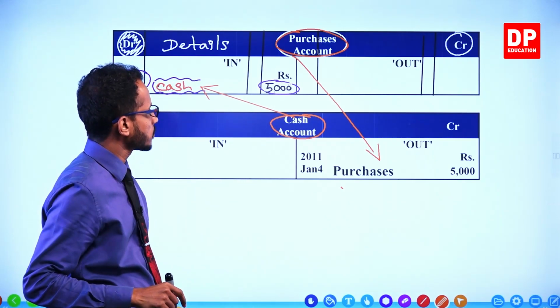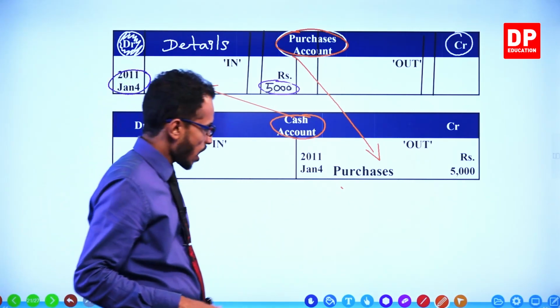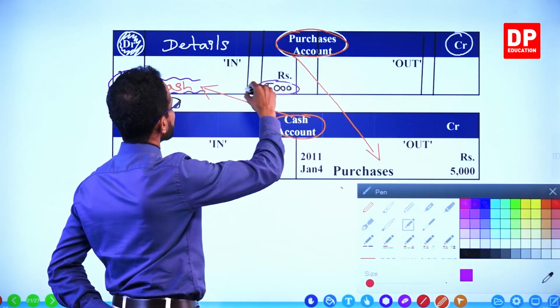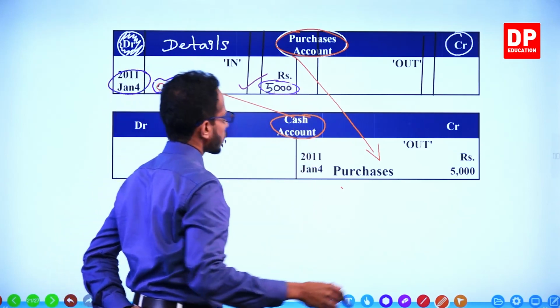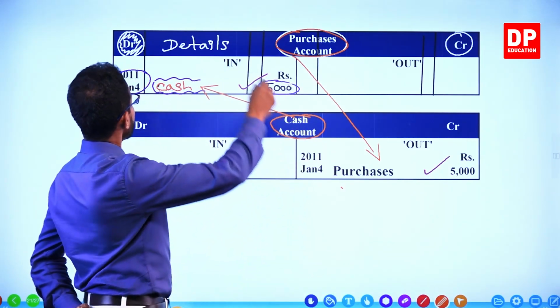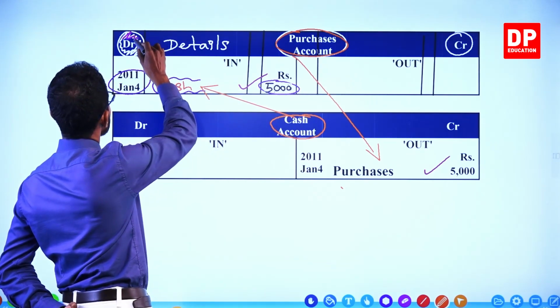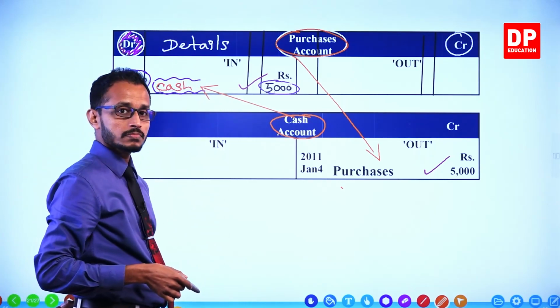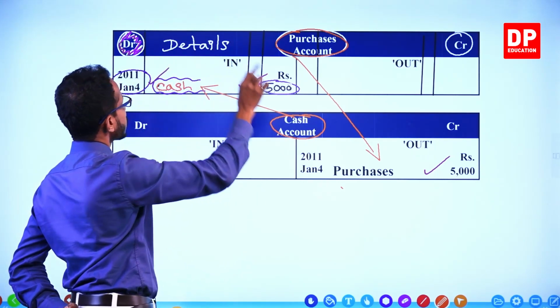All right. So the double entry is recorded. How many entries, children? One entry here. The other entry here. First entry in the debit side. Done.